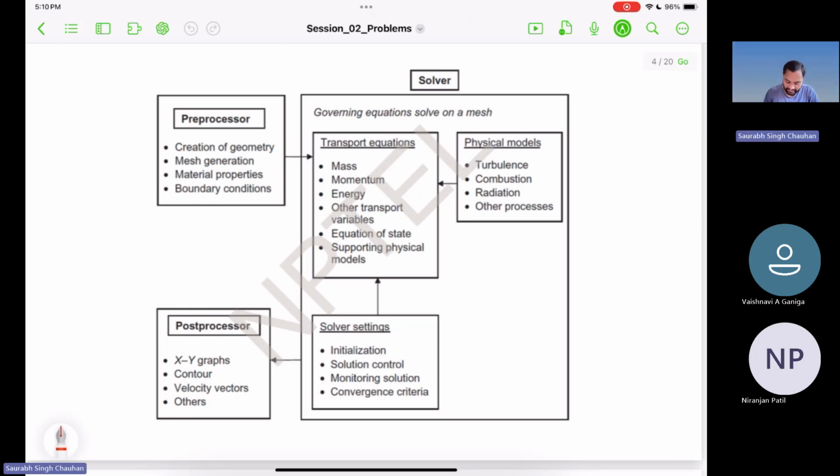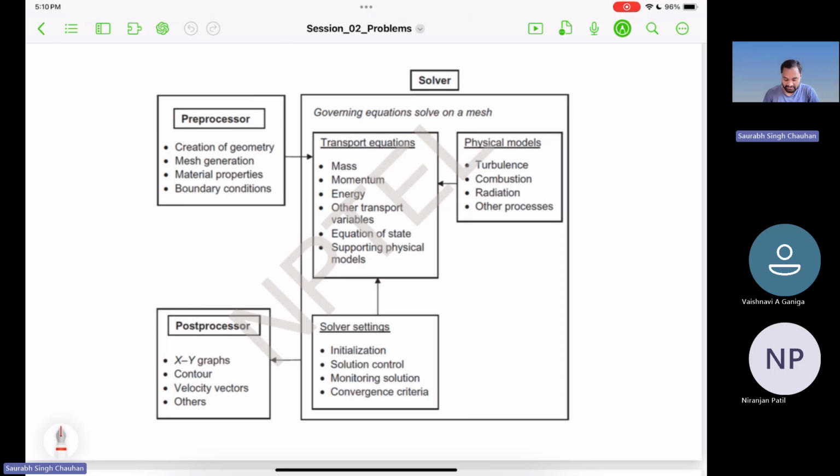Well, before starting, I will go through this map. There are three main steps in CFD, pre-processing, and in solver, we have to solve some equations, governing equations of fluid mechanics. These equations can be mass conservation, momentum conservation, energy conservation, or any other transport equation, right? There can be some physical models, and all these equations we have to solve. So before moving forward in any CFD course, first thing is that we should understand what equations we are trying to solve.